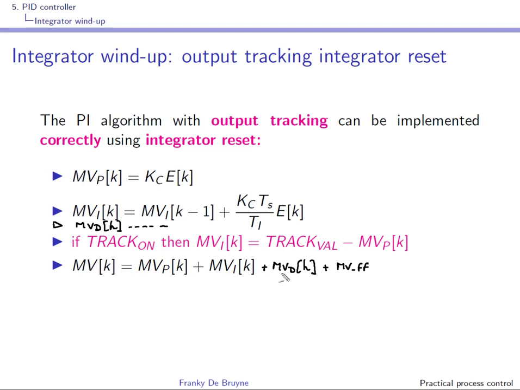So in order for this to function, you can clearly see that if you have output tracking, so if this signal goes to 1, then the integrator has to be reset to this value you want to track, minus MV D of K and minus MV feed forward. So this is the way to adapt the code if you're adding a derivative action and if you're adding feed forward. Remember that the feed forward has to be then an input of your PID controller block.